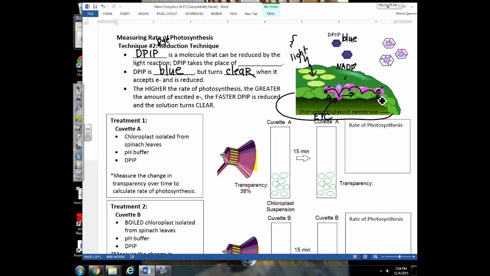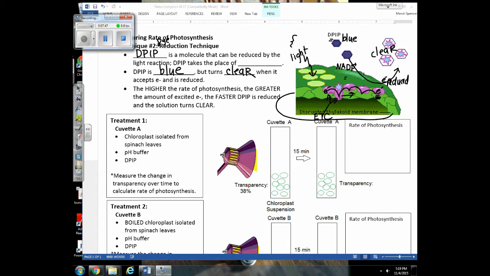But I'm not going to show the NADP+ coming in and accepting that electron. That's now the job of DPIP, this blue dye that we're going to mix in with our chloroplast suspension. So DPIP comes in, and it's the final electron acceptor. Show that it is gaining an electron, and whenever it is reduced, it becomes clear. That's what this diagram is trying to emphasize.